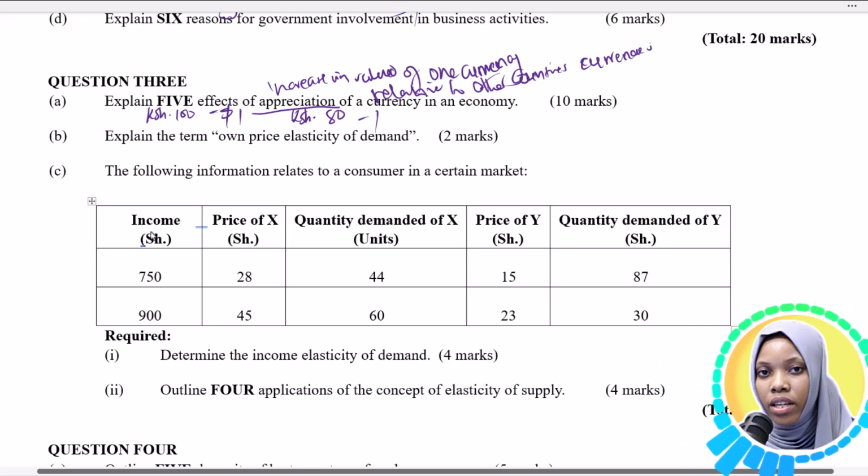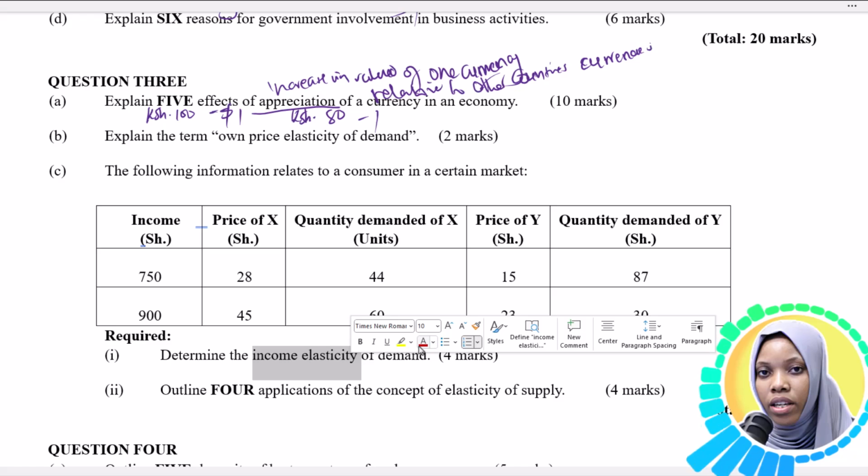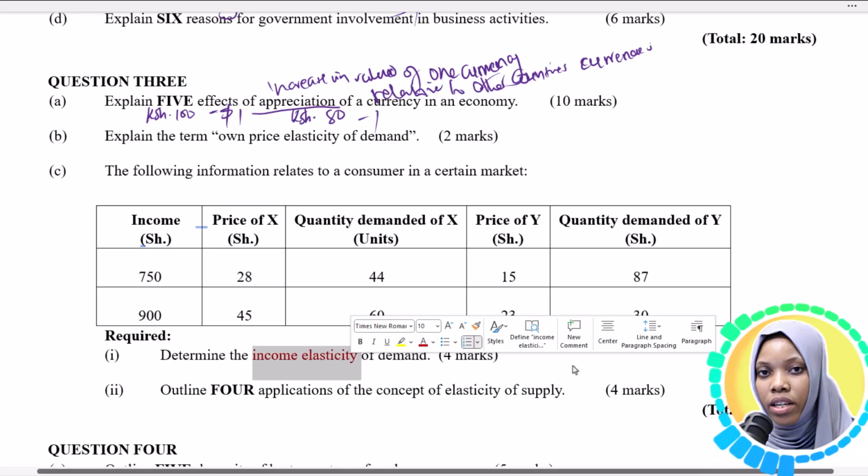We have been given the income in shillings, price of X in shillings, quantity demanded of X in units, price of Y in shillings, and quantity demanded of Y also in units. So we are required to determine the income elasticity of demand. The income elasticity of demand is what we are supposed to calculate.